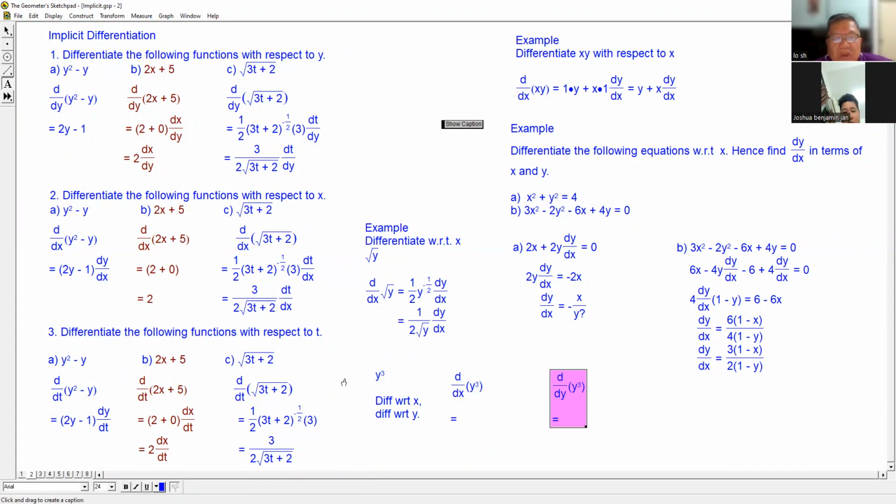Differentiate y cube with respect to x. Differentiate y cube with respect to y.